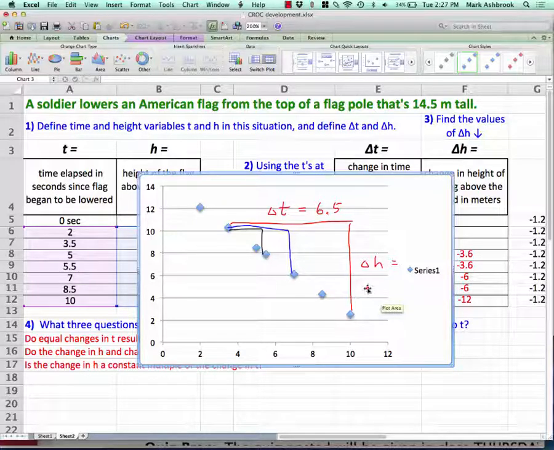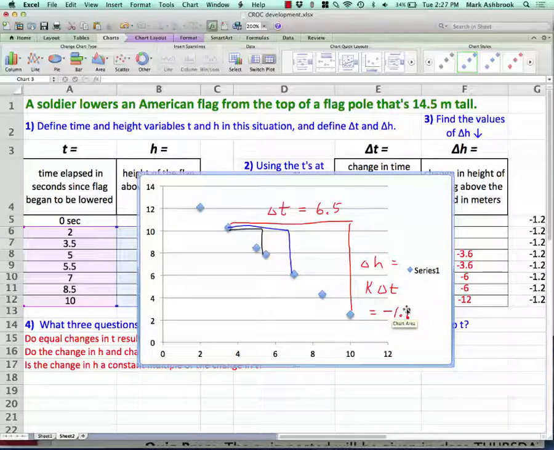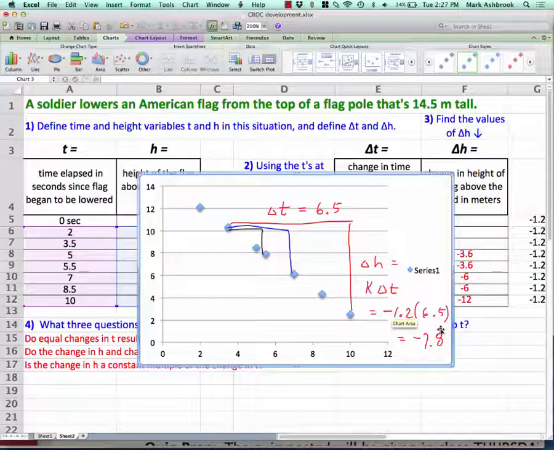Delta H is equal to K times delta T, right? And K is negative 1.2. So you get negative 7.8. If you have constant rate of change, H is a constant multiple of the change in T. So if we're given change in T of 6.5, the flag is going to go down 1.2 times as much as that. That's what we saw over and over again. So negative 7.8. Constant multiple reasoning.